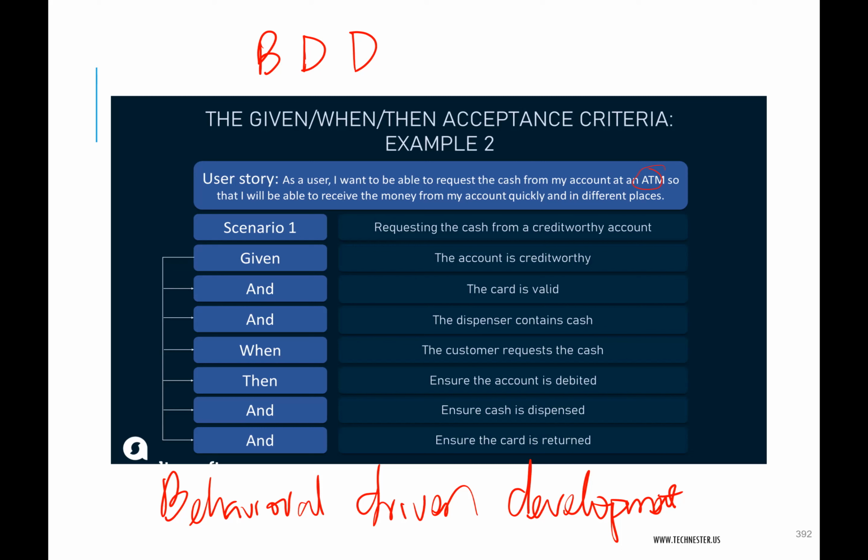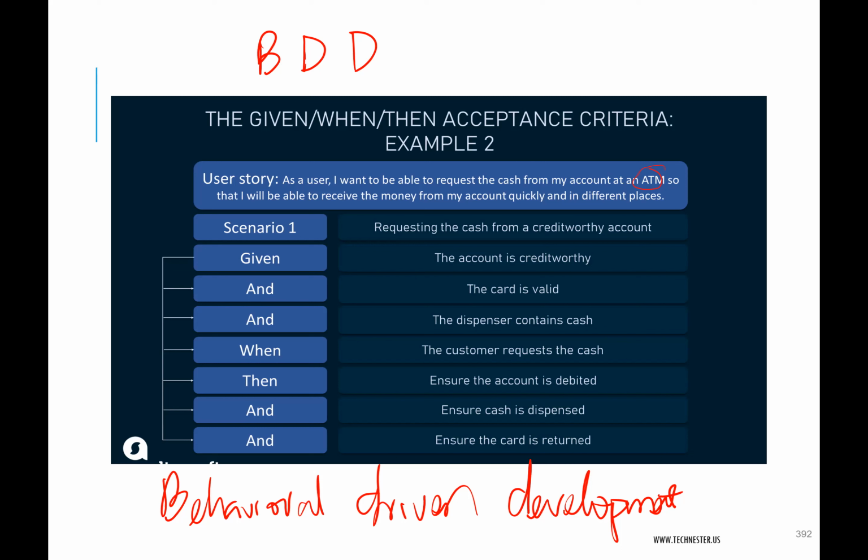So given that I've added product to my shopping cart, when I click on the shopping cart icon, then I should see the list of products in my shopping cart and the total price of the items, and I should be able to proceed to checkout. I should be able to pay, right?